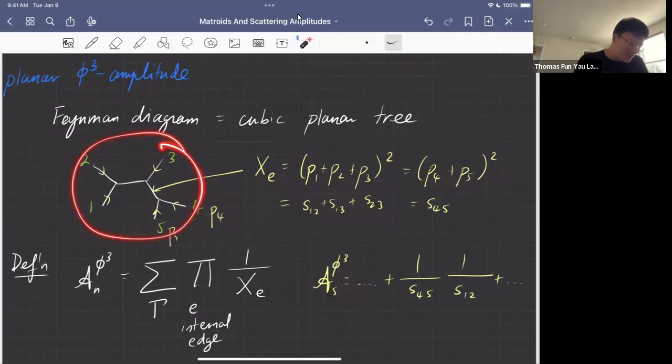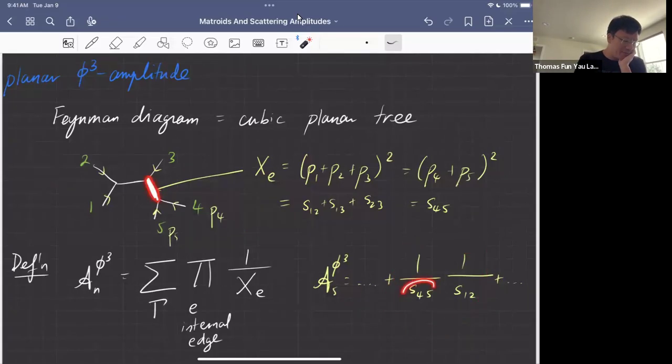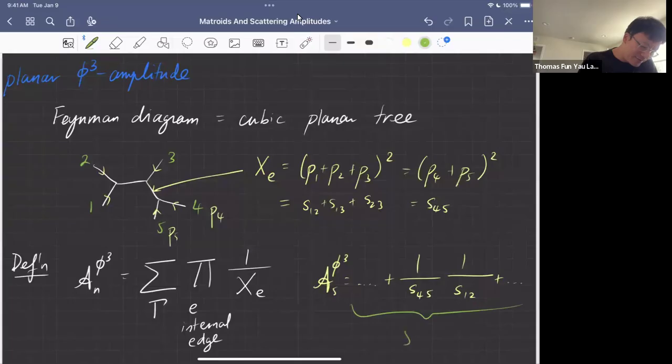In my particular example here, I will get this product. The squared momentum traveling along here is S45. The squared momentum traveling along here is S12. And there are 5 terms. That's the Catalan number. So that's some rational function.